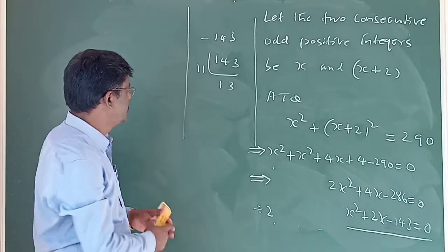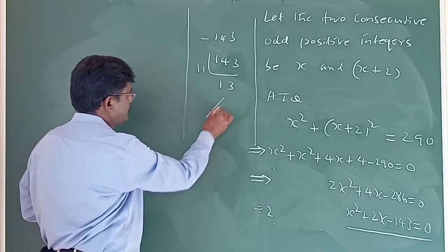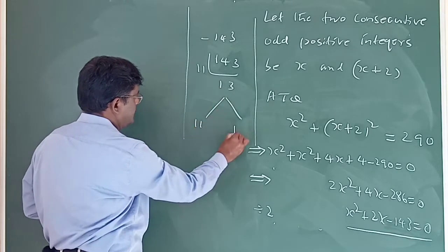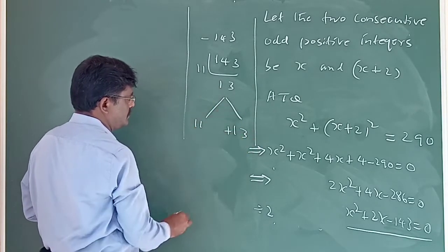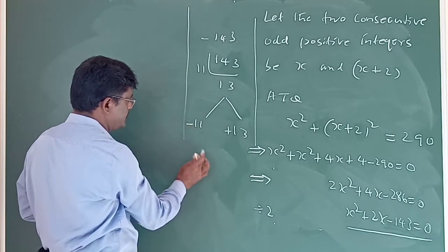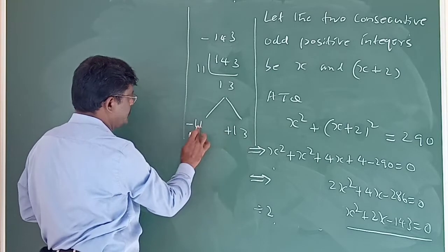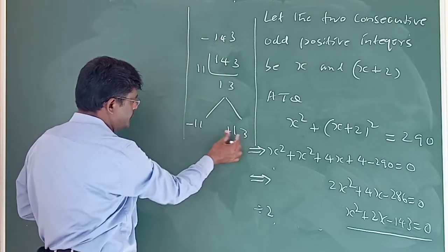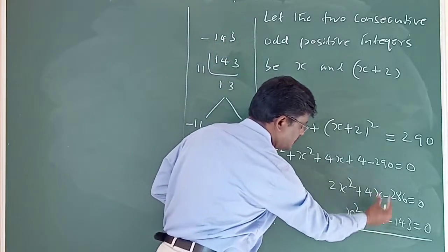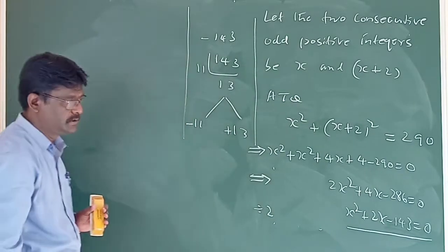Here plus 2 we want, hence give 13 plus and 11 minus: 13 minus 11 gives plus 2, and 13 into 11 is 143. The difference of these two will result in plus 2, the middle term.